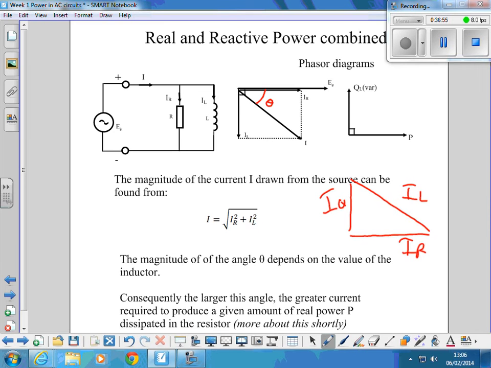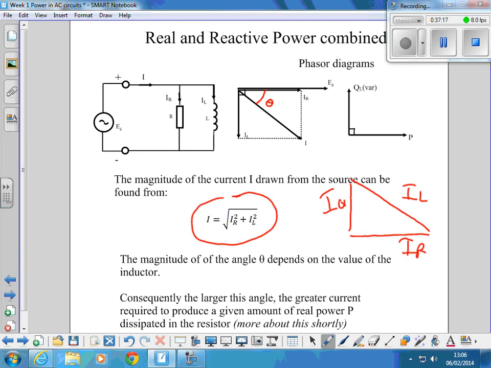It's quite easy, if we know any two of them, to use Pythagoras' theorem. A line current I is the square root of IR squared plus IL squared. So all that trigonometry you did at school and everything is useful in electrical.